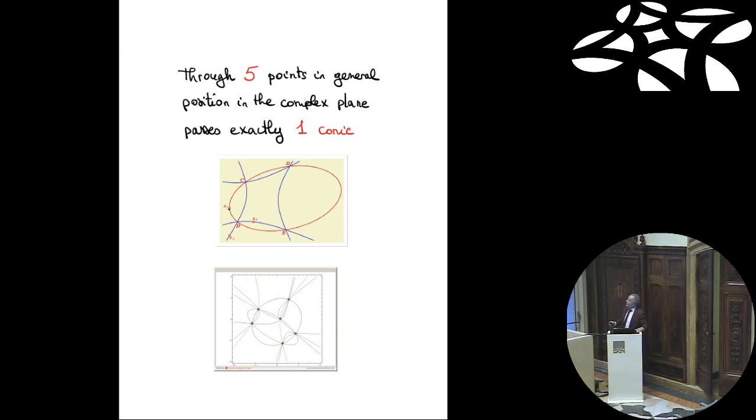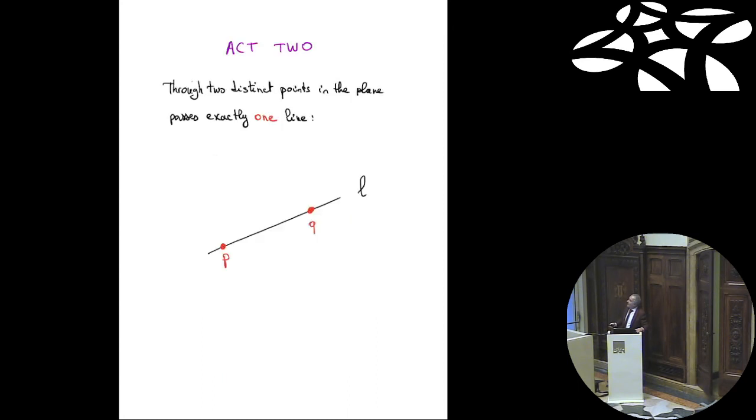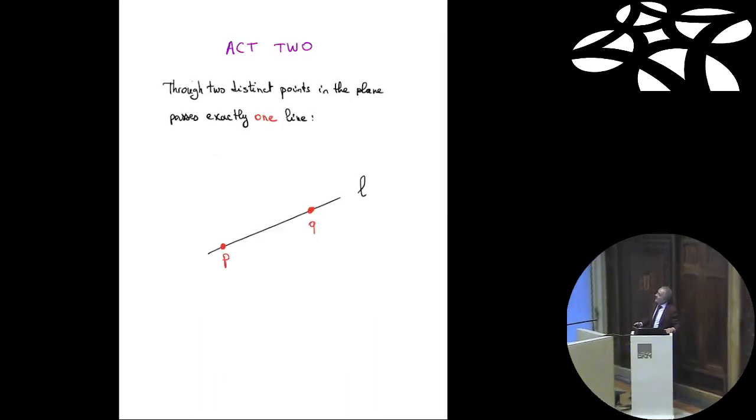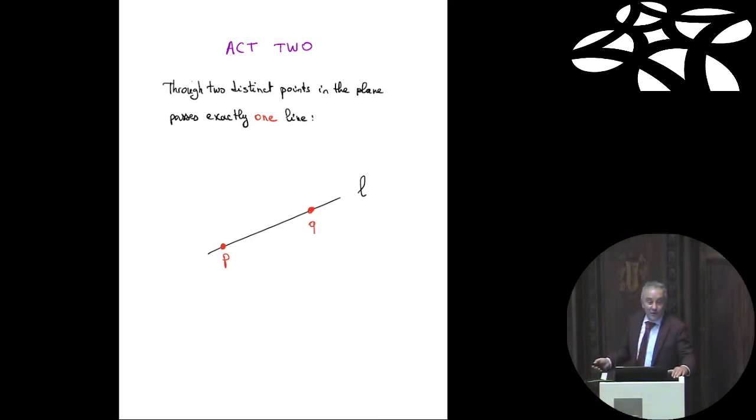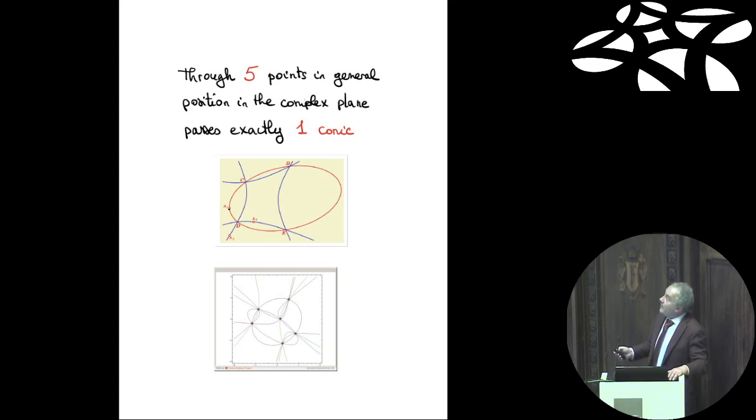Okay, now we take 5 points in the plane. Okay, here this is okay, except if the 2 points are equal. So everyone will agree that if they're equal, they cannot be called being in general position. General position means avoiding certain special configurations. Here we take 5 points in general position, and there is exactly one conic passing through them.